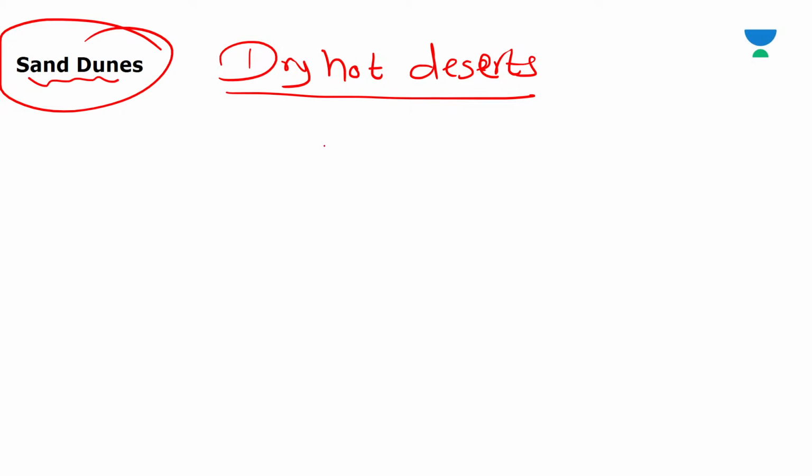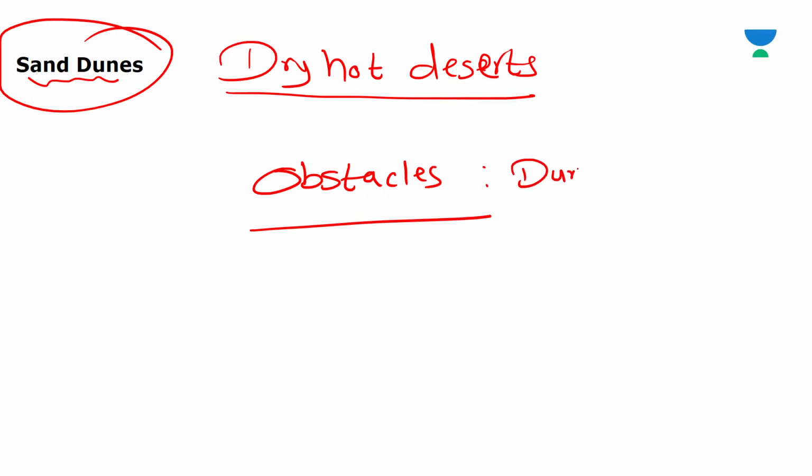So basically, the obstacles to initiate dune formation are equally important, and so there can be a great variety of dunes.